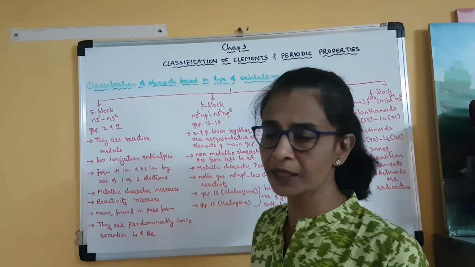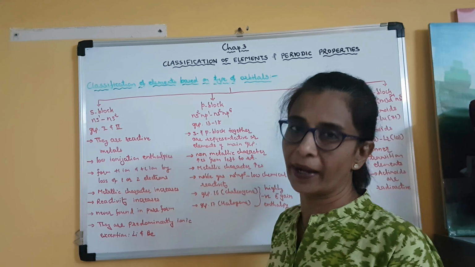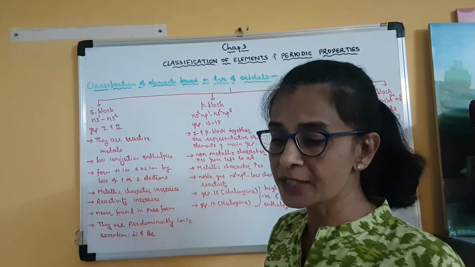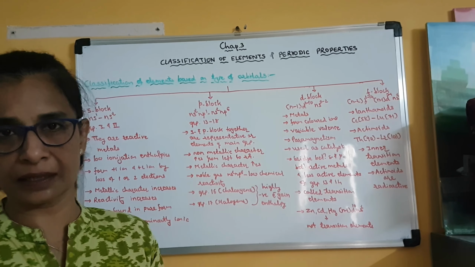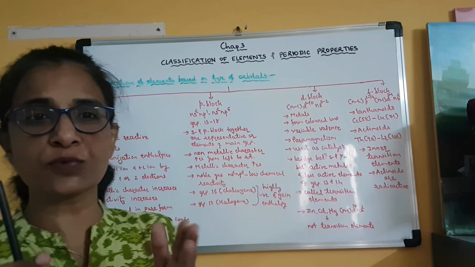Clear? Okay. Now here we will talk about the general properties of S block elements. They are reactive metals. As we know, first group elements are known as alkali metals. Alkali means basic. Their metal oxides or hydroxides, when dissolved in water, form hydroxides, meaning an alkaline solution.